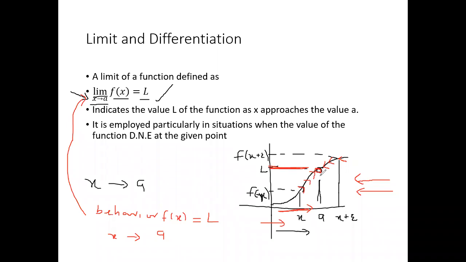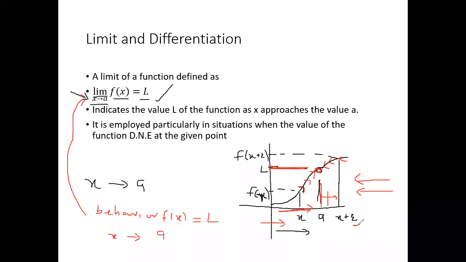Then again, there is something we need to understand: anytime we talk about limits, as x keeps going, we will never get to the point A, so we always say x is approaching A. We get close enough to the point A within a certain neighborhood, a certain space around A, and that space is referred to as epsilon.